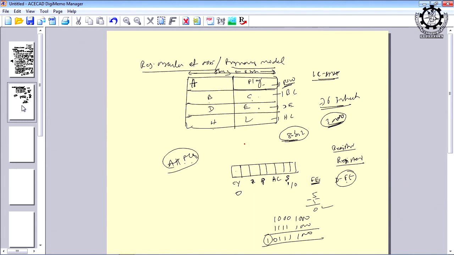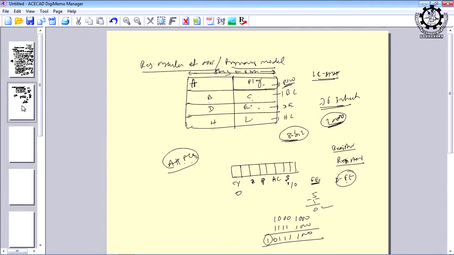But while using these registers in writing your program, what happens? You may have to utilize these registers, but try to see that the same register should not be used for more than one purpose. The moment you use it, unless you save the content of the previous operation, what will happen? Your data will be lost. So, what to do?